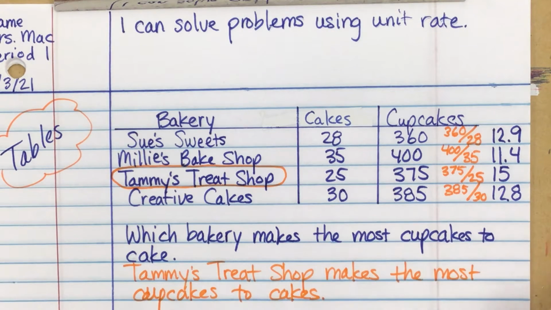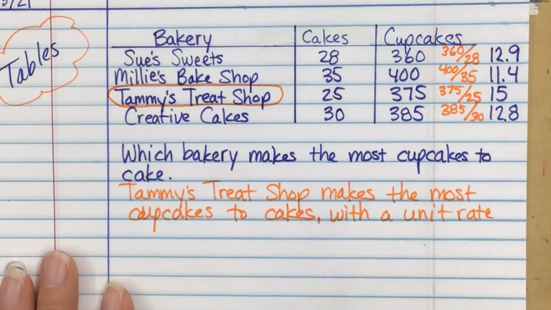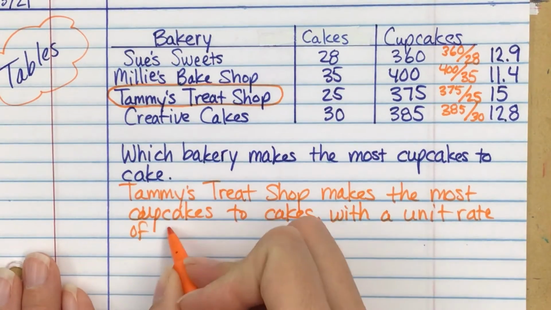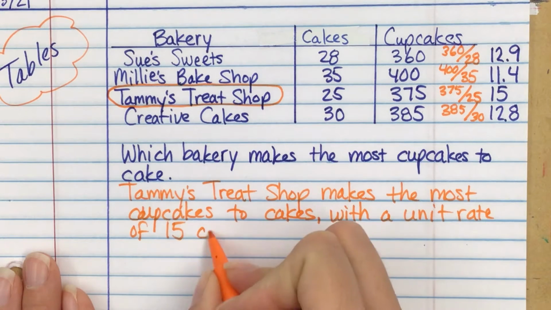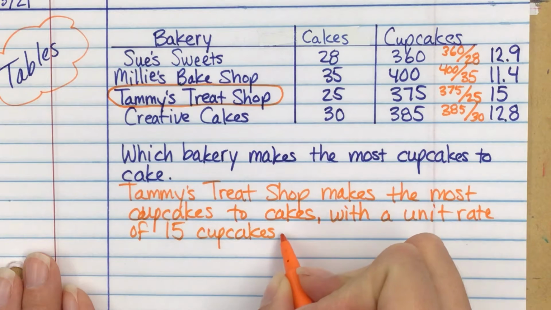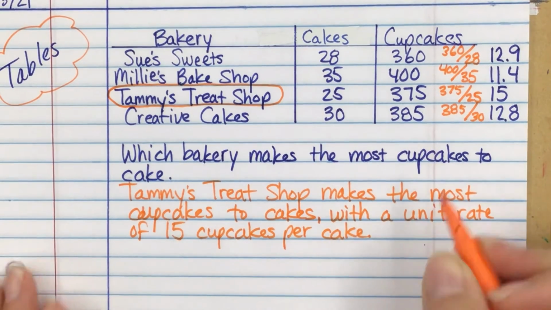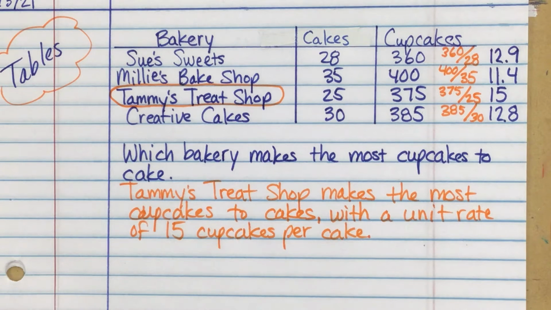And if you want to, you can also include the unit rate here. We can say with a unit rate of 15 cupcakes per cake. Okay. Makes sense, right? Not too bad?